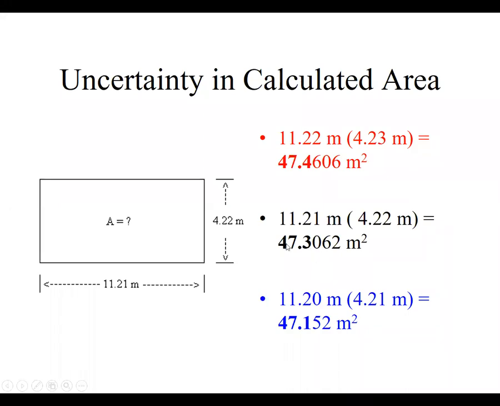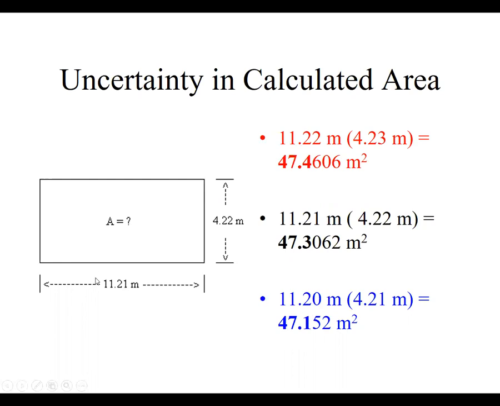So what I'm doing here in these other two calculations, you see one at the top in red and one at the bottom in blue. And these represent the upper and lower limits of area. What I did is assumed plus or minus 1 uncertainty in the last digit.